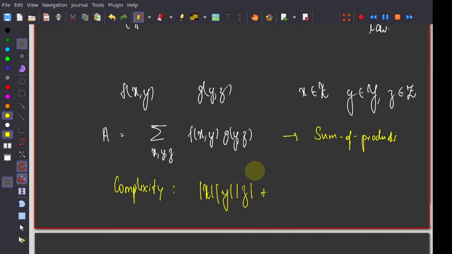And once I do all of these multiplications, I have to add all these terms together, which is total number of terms minus 1. So I have size of X times size of Y times size of Z minus 1.